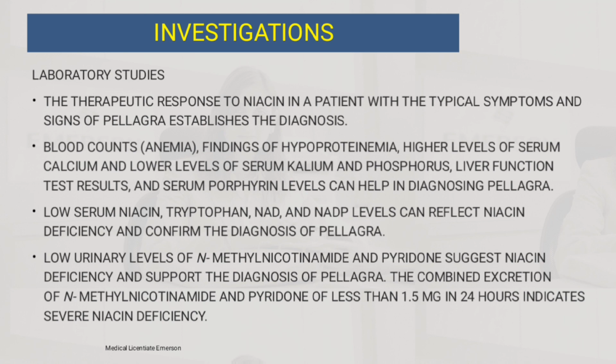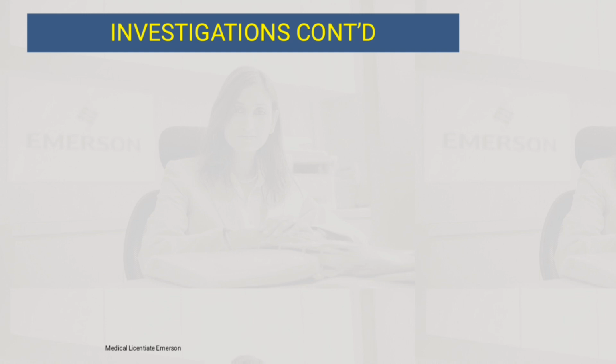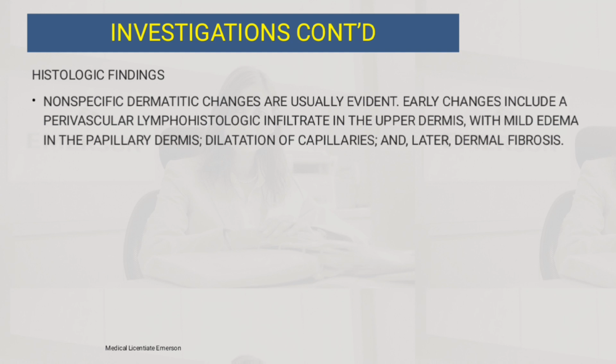Supportive investigations. Okay. Then investigations again, in terms of histological findings. So there are non-specific dermatitic changes that are usually evident, and early changes include a perivascular lymphohistiocytic infiltrate in the upper epidermis, with mild edema in the papillary dermis, dilatation of capillaries, and later dermal fibrosis.